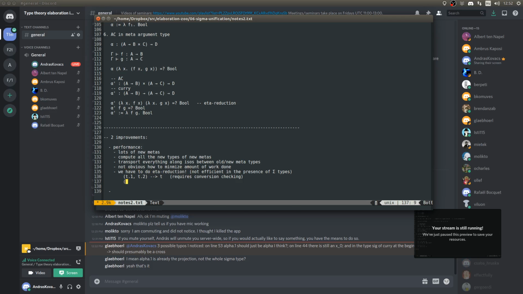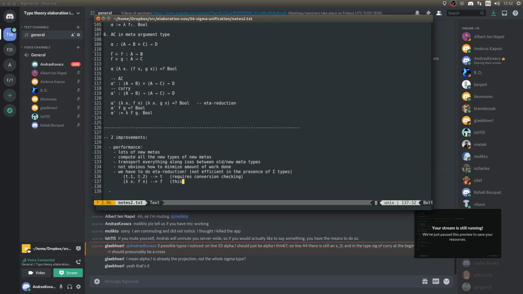If we have function types, then the rule is that lambda x dot f x reduces to f if x is not free in f, but this can be done in linear time by basically doing two passes over terms. On the first pass I am annotating variable occurrences and strengthenings, and on the second pass I just do an eta reduction.